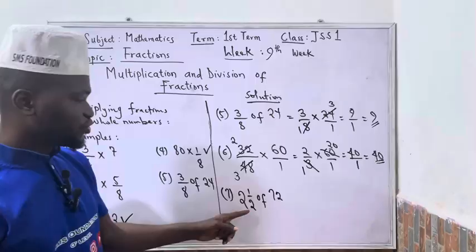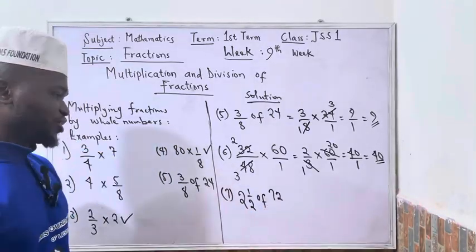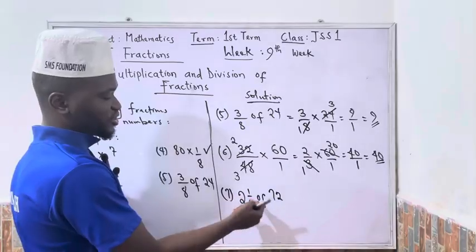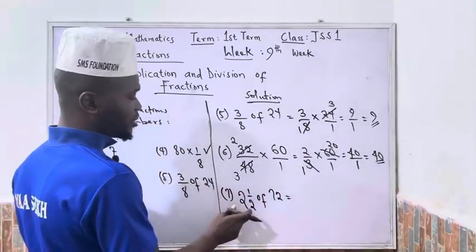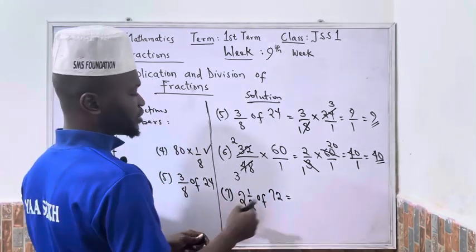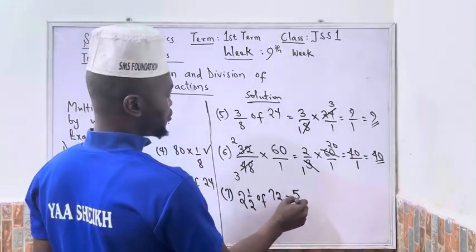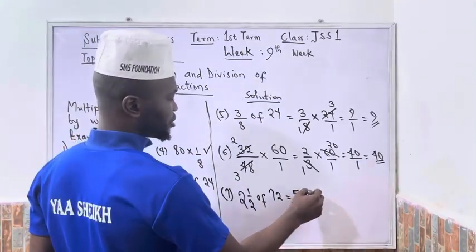Don't be scared. All you just need to do is to first of all change this to an improper fraction. Thank God I have taught that. So you change this to an improper fraction. That will be 2 times 2, 4 plus 1, 5. You have 5 over 2. "Of" means times. I'll change it to times 72.